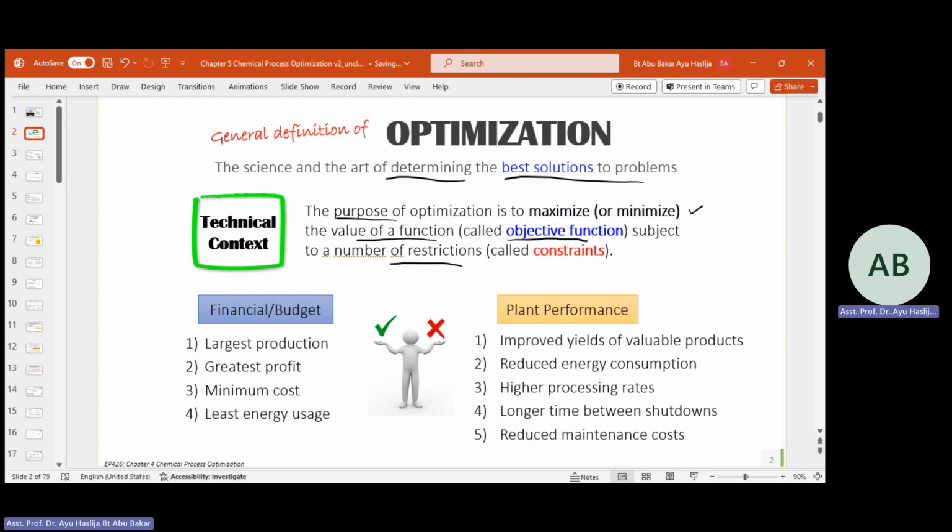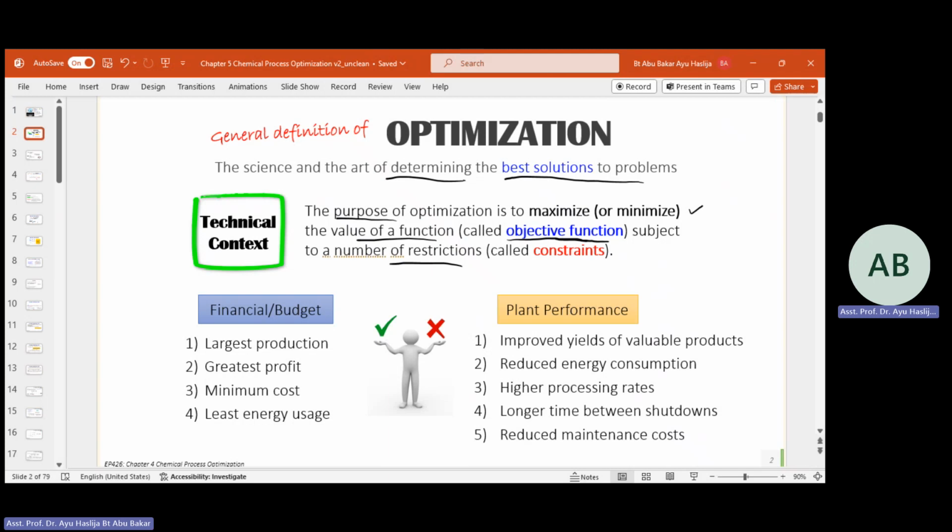Then, what is the value of a function? We call that the objective function. Objective function means what affects your aim, for example, the parameters. Let's say your purpose is to maximize the yield of palm oil.